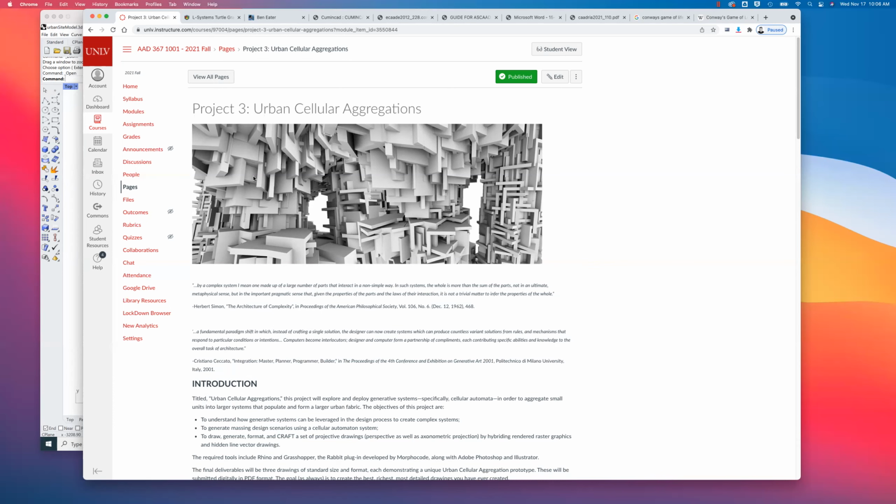Right? So it's this idea that we're going to use these automated or generative systems to generate architecture for us. And then instead of making form, we will basically make the rules and let the algorithm generate formal options for us.